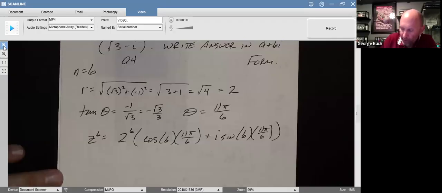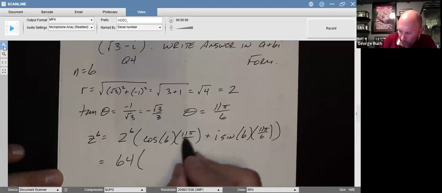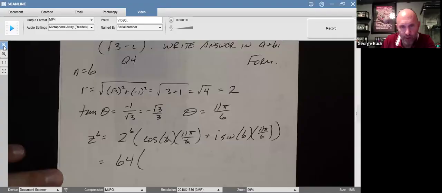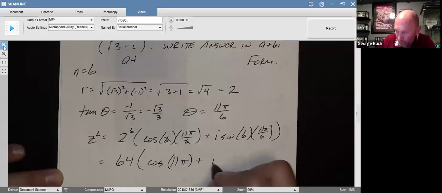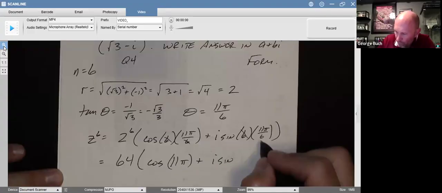So now simplify. 2 to the 6th power, that's 64. 6 times 11 pi over 6, well, the 6 cancels out. So I get cosine of 11 pi plus I sine, and I'm going to get the same answer, I better, 11 pi.